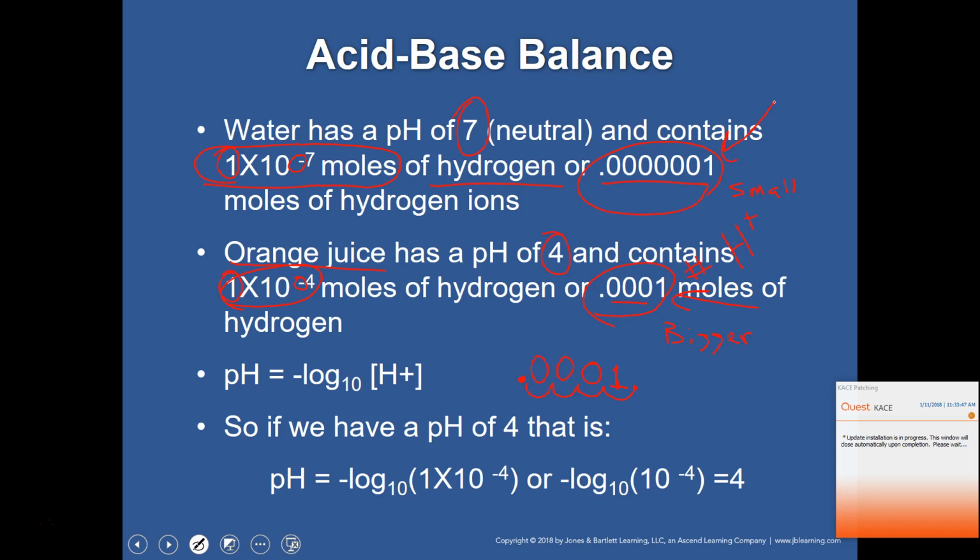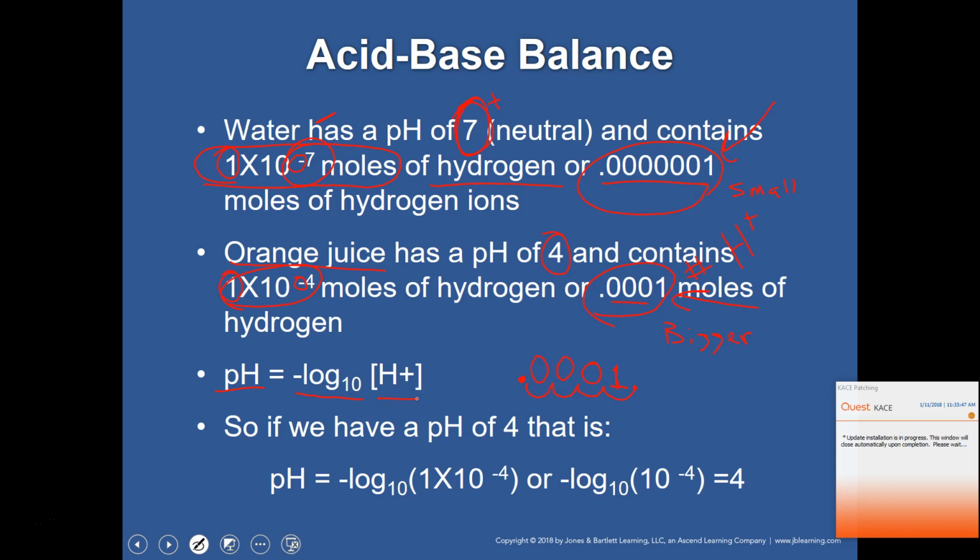But what my problem was is I said, well, this number here is a positive number and this number here is a negative number. How does that work? Well, it's fairly complicated but fairly simple. pH is actually a measurement of the negative log of hydrogen.